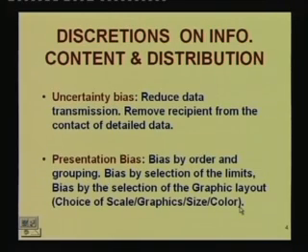Now, what kind of discretion on information content and distribution can actually be done? First is uncertainty bias: reduce data transmission, remove the recipient from the contact of detailed data.